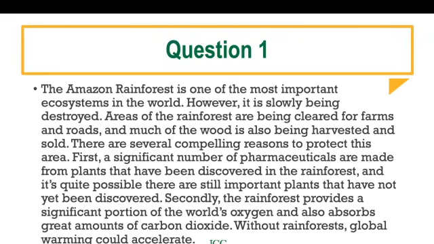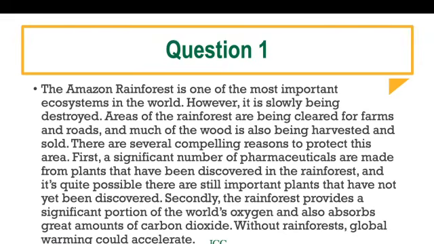Let's try another one. The Amazon rainforest is one of the most important ecosystems in the world. However, it is slowly being destroyed. Areas of the rainforest are being cleared for farms and roads, and much of the wood is also being harvested and sold. There are several compelling reasons to protect this area.